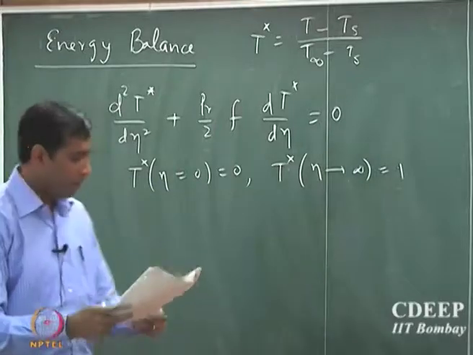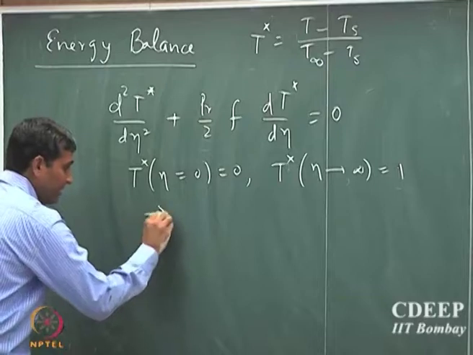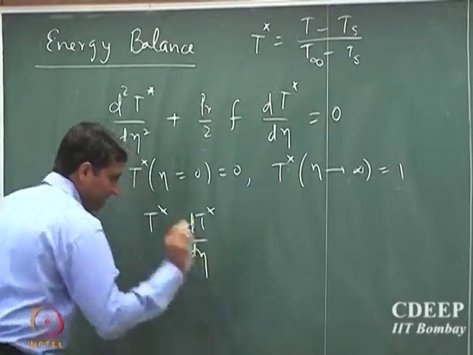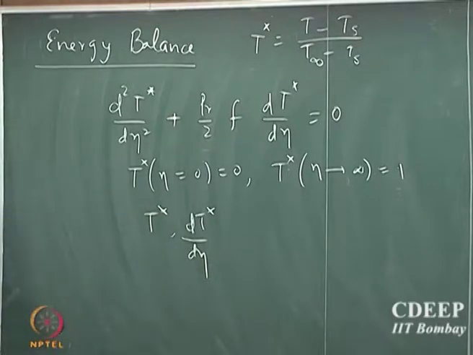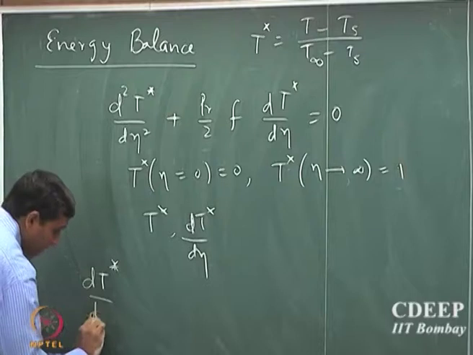Okay. So that is the functional form, and once again you can find T star and dT star by d eta. So if we know these two quantities, then we should be able to find the heat transport coefficient.